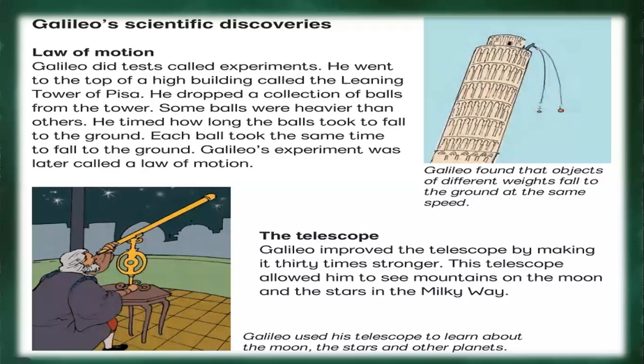So this thing can see from a long distance. He then used this telescope to learn more about the moon. When the moon comes, he will take his telescope and point it to the moon, and learn about what's happening on the moon, the stars and the planets. So he learned more about it. So let's move on.